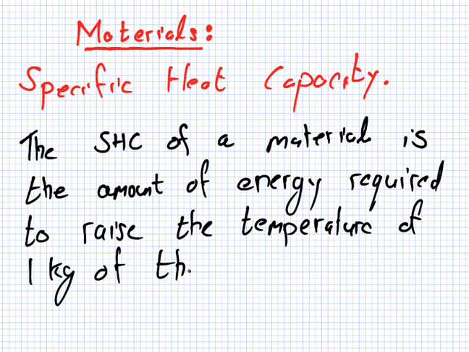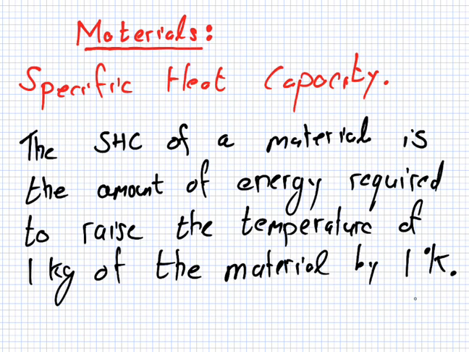Sorry, this sentence is ridiculously bad. 1 kilogram of the material by 1 Kelvin or 1 Celsius. And yes, you can use grams if you want. Just be careful which one you're using in the exam.